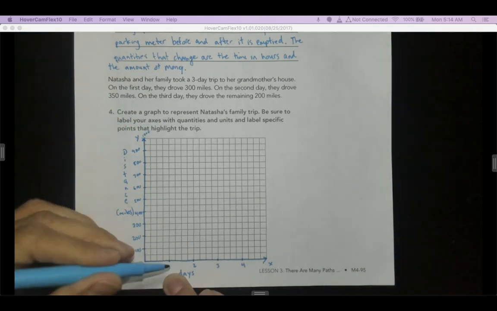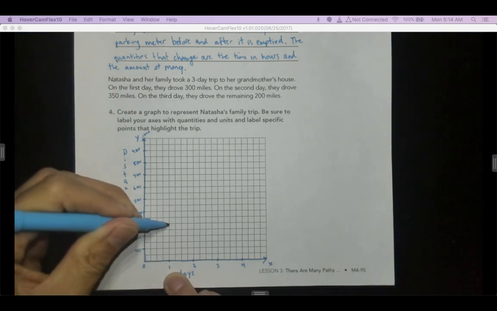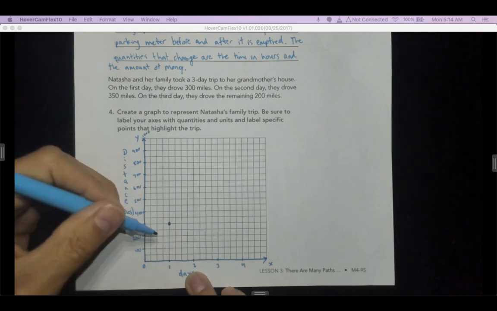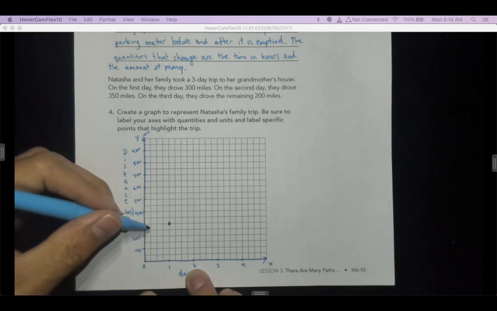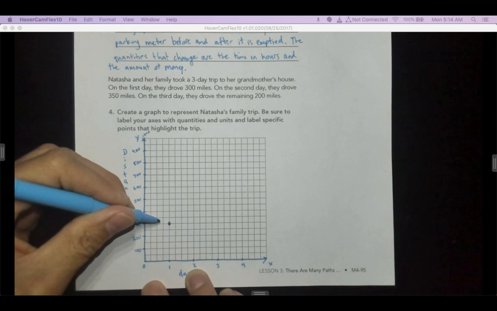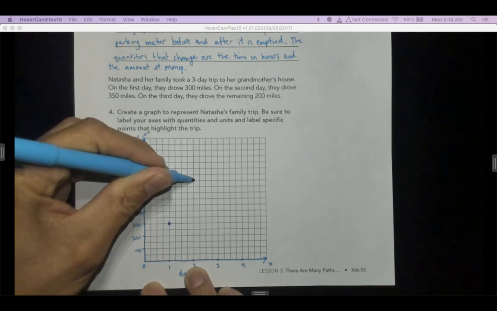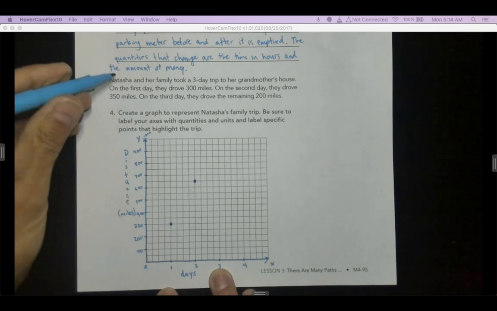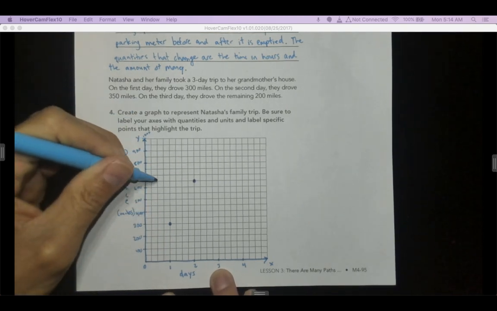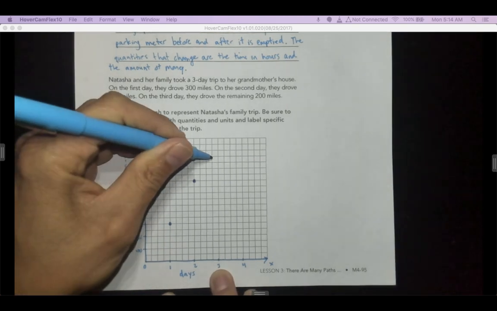On the first day, they drove 300 miles, so this would be my first point. On the second day, they drove 350 miles, so that would be 350 more. On the third day, they drove 200 miles.